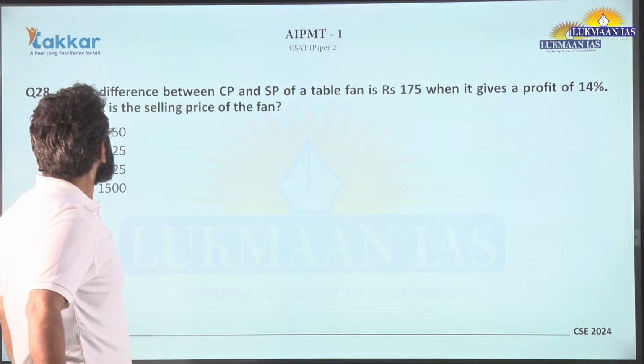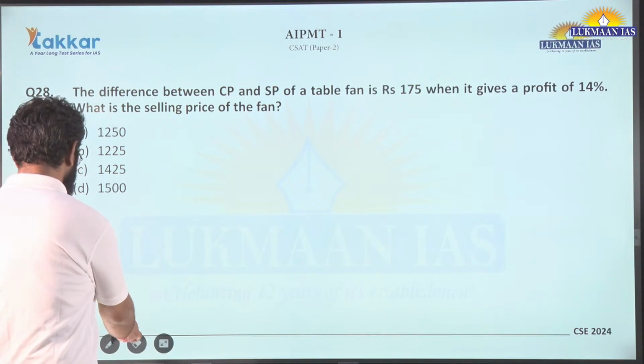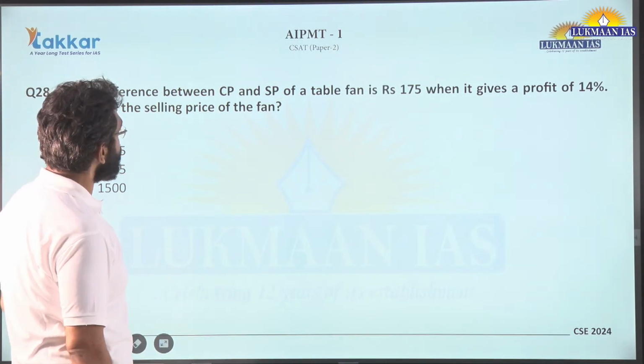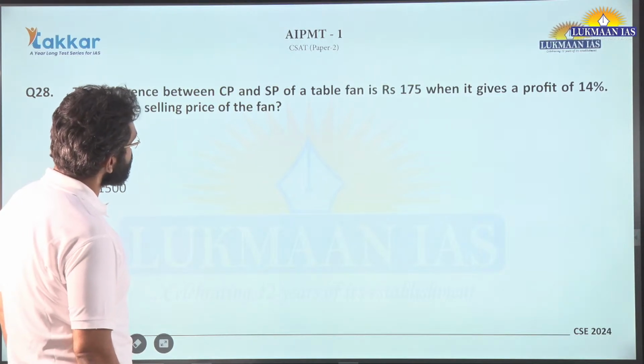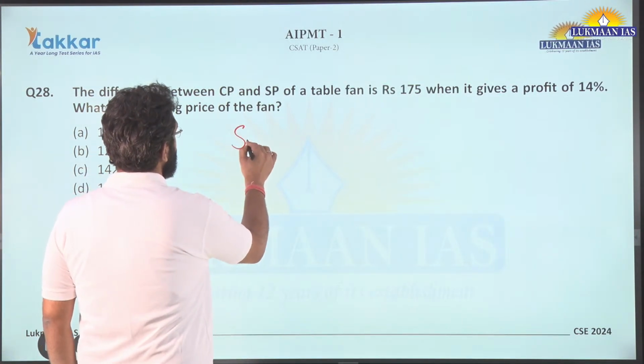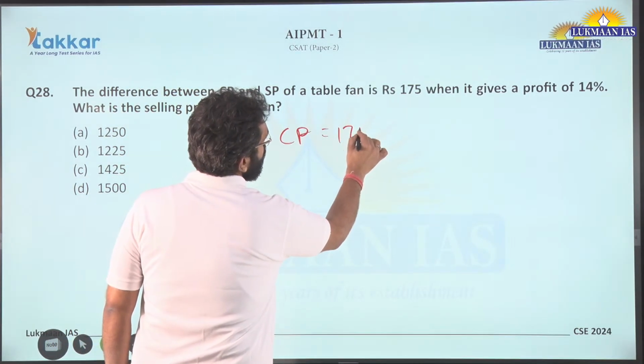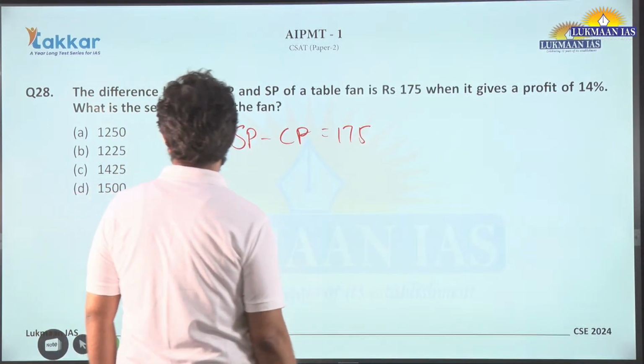Okay, let's solve this question. The difference between cost price and the selling price of a table fan is 175 when it gives a profit of 14%.